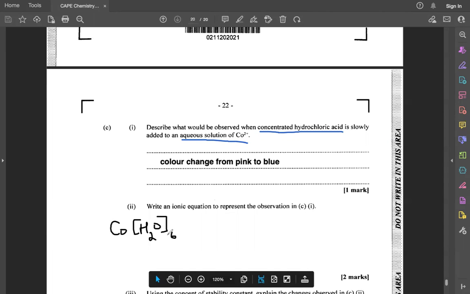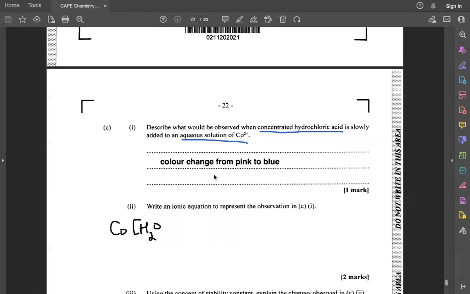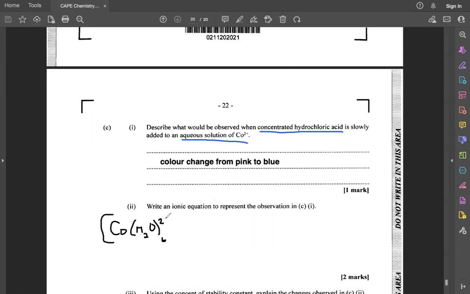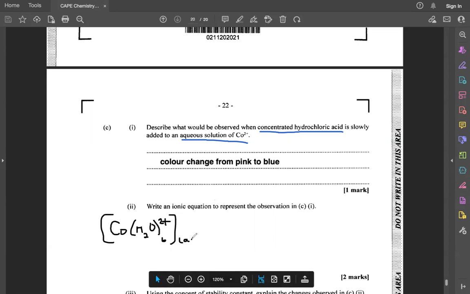So when it's in aqueous solution, this is what we have. Let me erase this. Okay, so we're going to have H2O when it's in aqueous solution again. So this is our original state where we're in aqueous solution, and we have our Co2+ that's complexed with that water ligand, right? So this represents our aqueous solution.